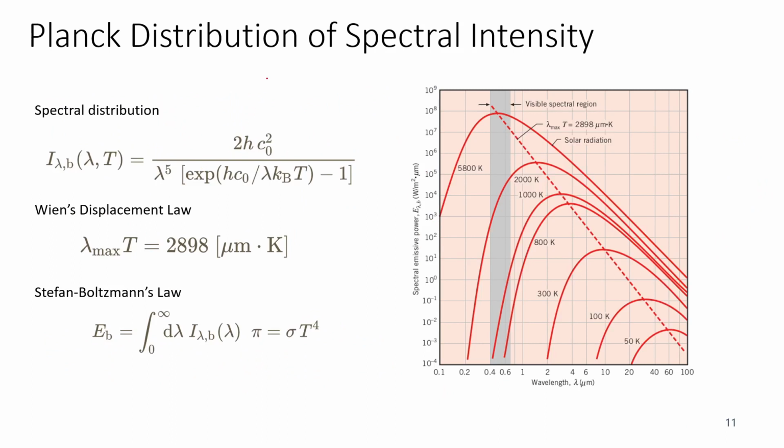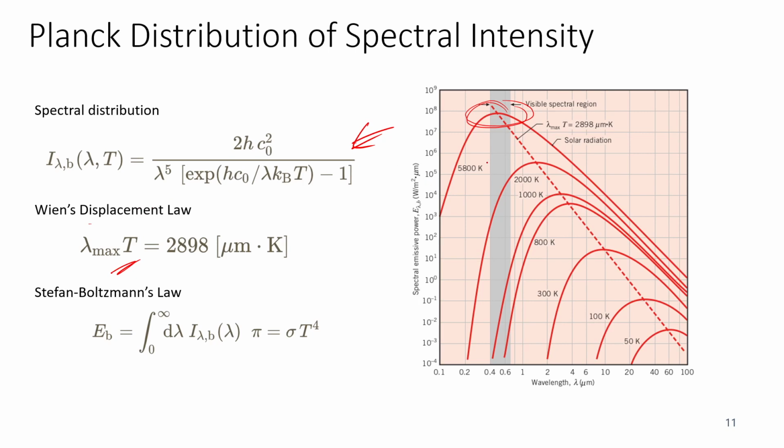In the previous week, the course discussed Planck's distribution of spectral intensity, whereby this graph shows that the spectral emissive power versus wavelength will peak at a certain point, and the formula for spectral distribution is given by these correlations. In order to find this peak point, we can just differentiate this equation with respect to lambda, and it will give us the correlation between lambda maximum and T. That is basically Wien's displacement law.